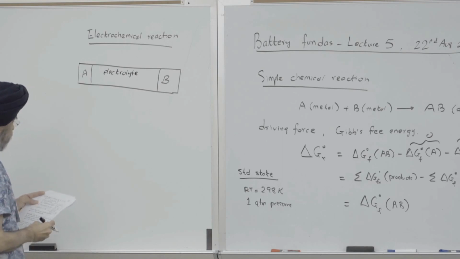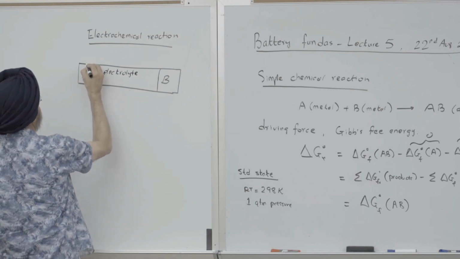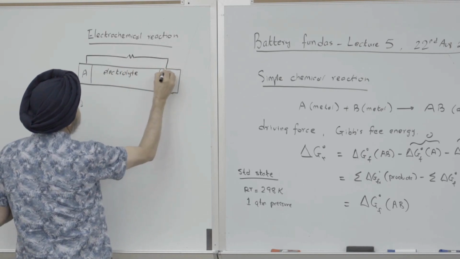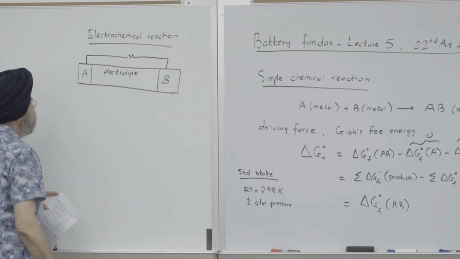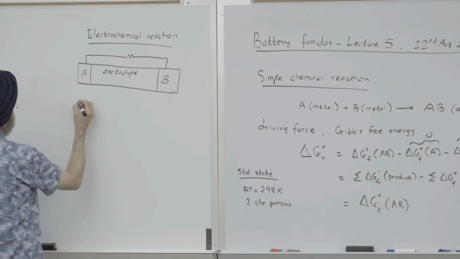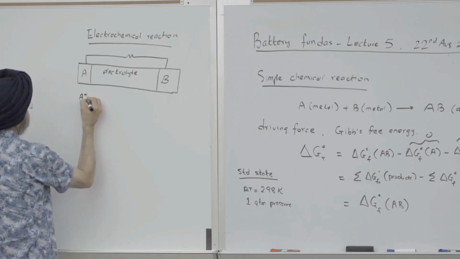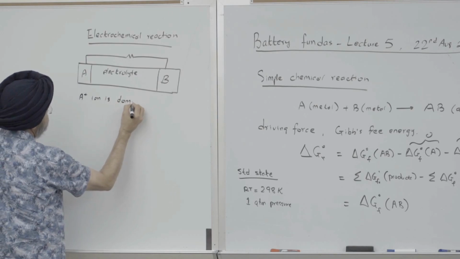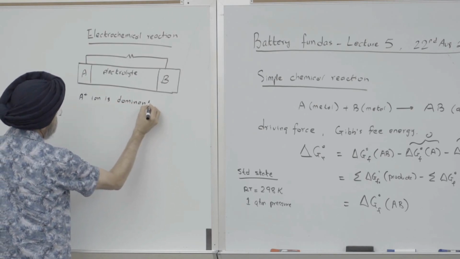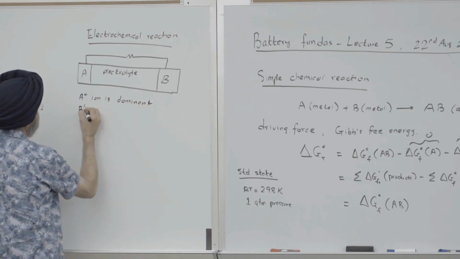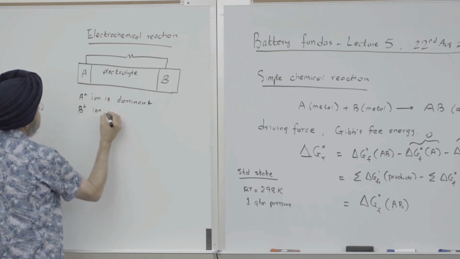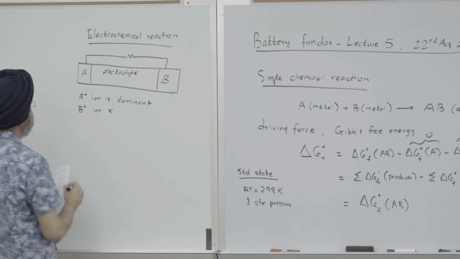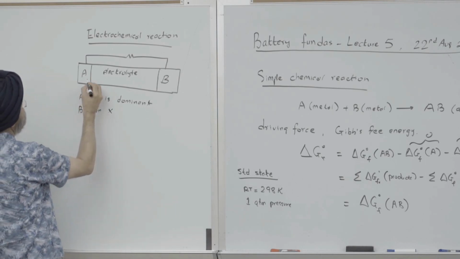Let's connect an electrical wire between A and B. Now let's suppose that the A plus ion is dominant. We'll also have the B plus ion, but let's ignore that. We don't have to, but it's easier to just say A plus is dominant.